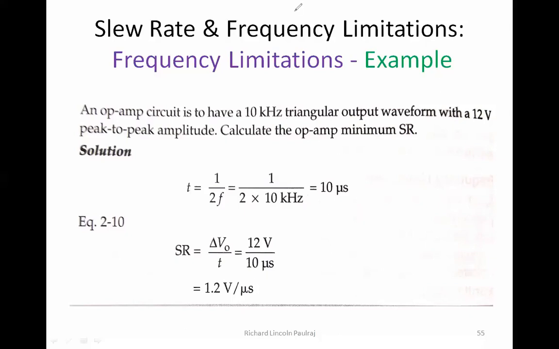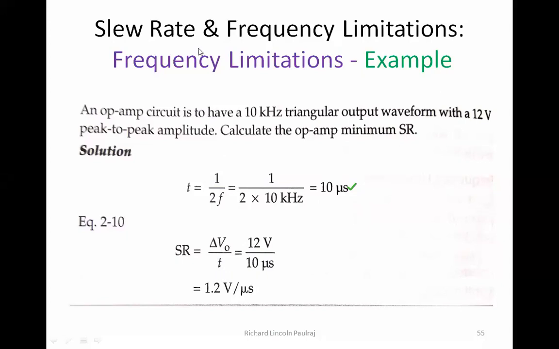Someone quickly calculate and tell me, use your calculators. Yes, sir. Okay, fine. Then we know that the formula for slew rate is what? Changes in output voltage divided by time.